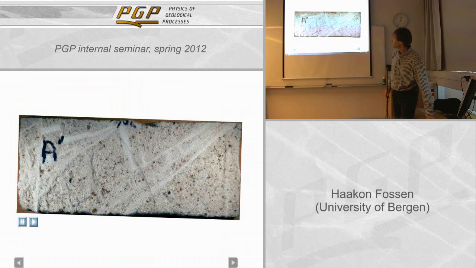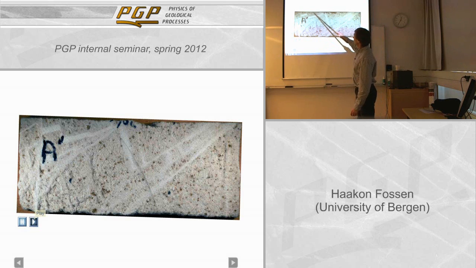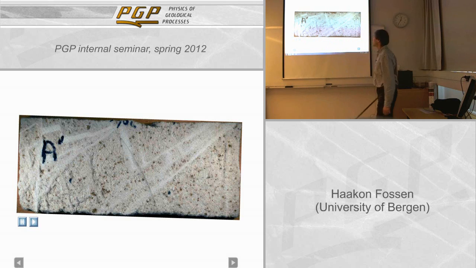We can study this also. This is an experiment that we did in Bergen, where you can do all these kinds of experiments where you're just flowing fluids into this sample, which is about hand-sized, somewhere between 5 and 10 centimeters in length.